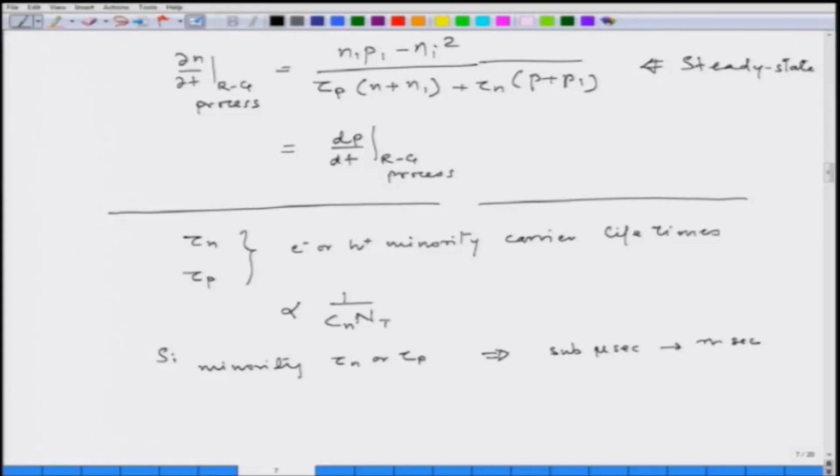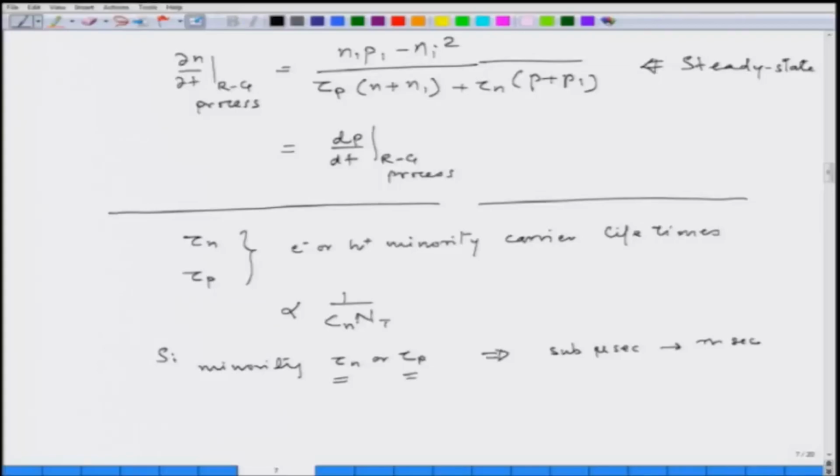So, depending on how many impurities, what the purity level of the material is, this material parameter tau n and tau p can have a huge difference. And depending on what the application is, you would like your carriers either to live for a very long time, or you do not want them to get annihilated even before they get collected by the electrodes or have some subsequent action in terms of band to band transition or emission of light.